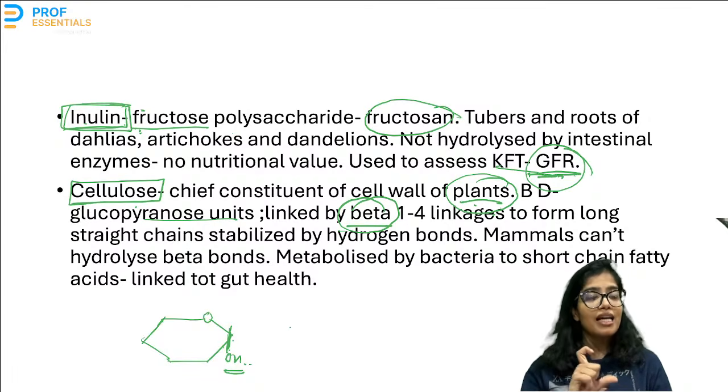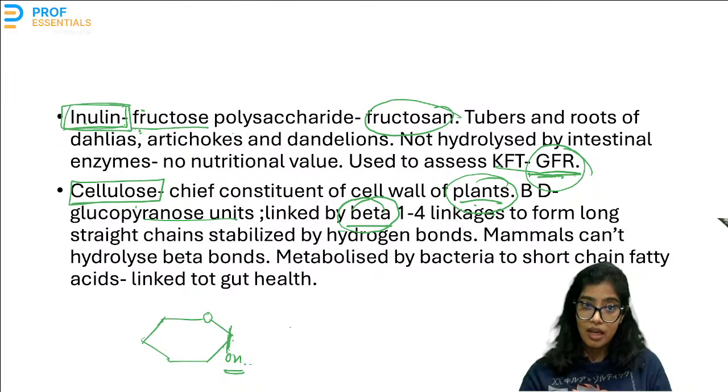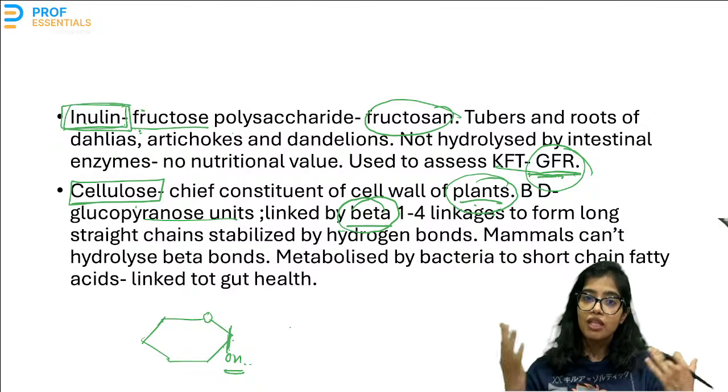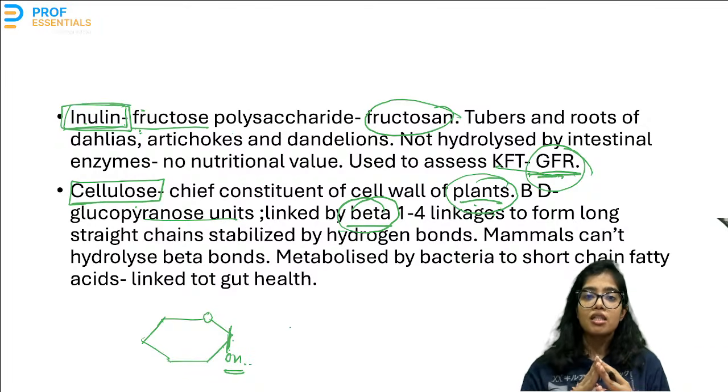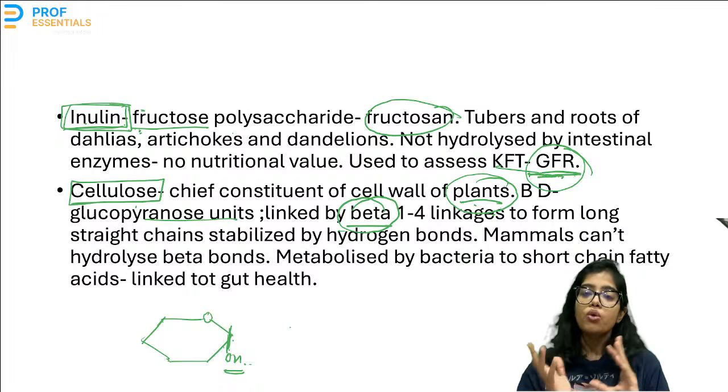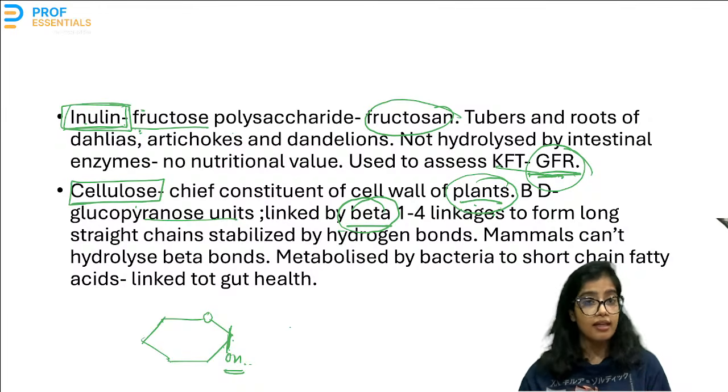And these fatty acids have a role to play in our gut health, in the immune system of the gut. And with the rising trend of probiotics and prebiotics, we can change the bacterial population inside our gut to form different types of short chain fatty acids using cellulose, and that is going to contribute to the immune health associated with the gut.